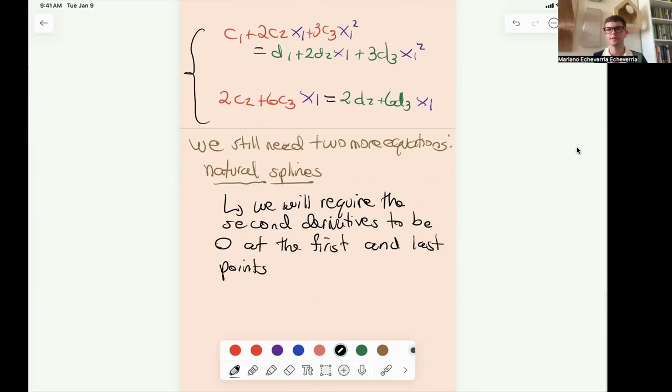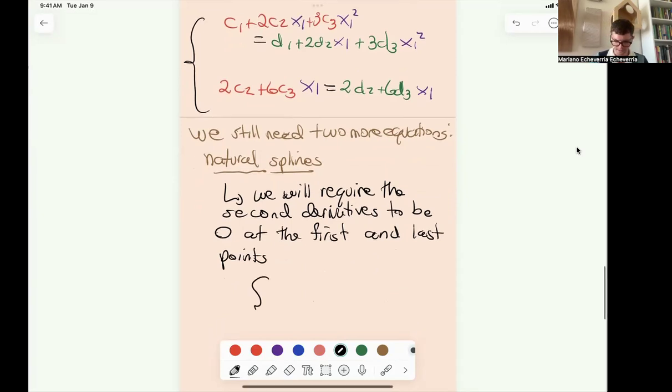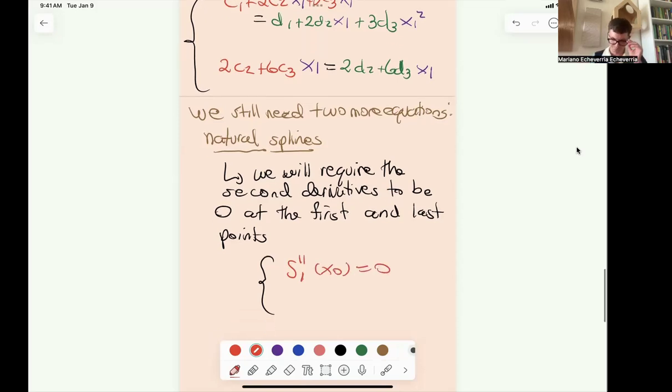In our case, what was the first point? The first point was x0. So in this case, it would be asking that the second derivative at x0 would be zero. And it will also be asking for, what was the other color I was using? For the second derivative at x2 to be zero.